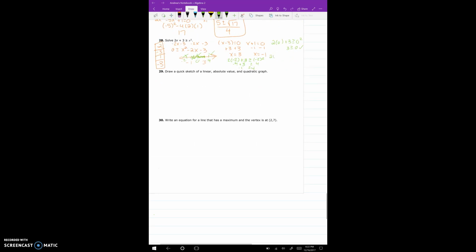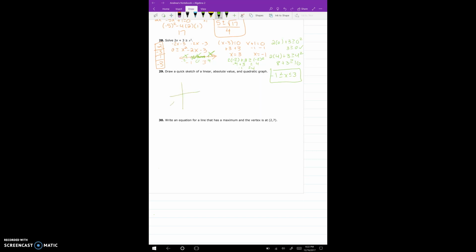So 2 times 4 plus 3 is greater than or equal to 4 squared. So 8 plus 3 is greater than or equal to 16? No. So my solution is going to occur between -1 and 3. So I would write my solution as an and type of problem.